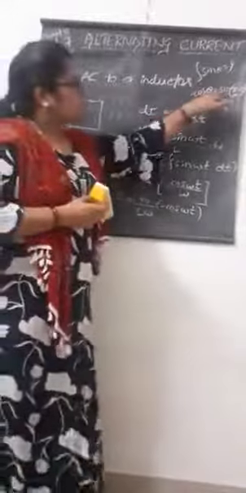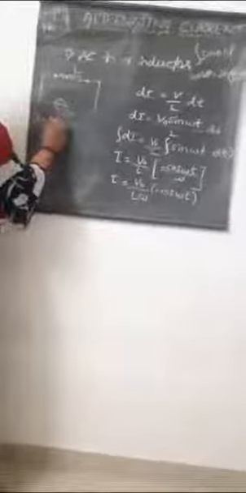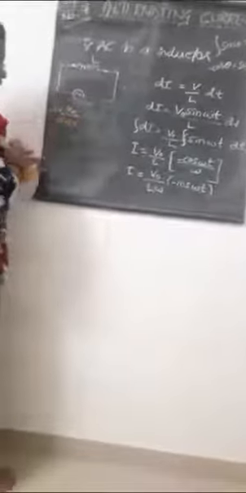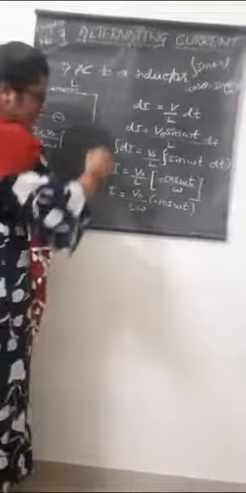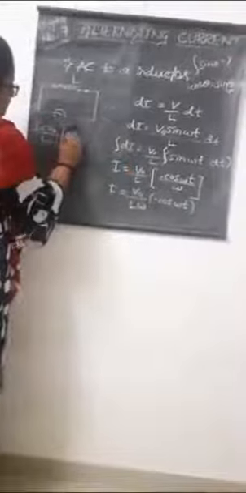This is by the trigonometric relations. Minus cos theta can be written as sin into pi by 2 minus theta. Continuing the derivation, I is equal to V0 by L omega sin pi by 2 minus theta, means sin pi by 2 minus omega t.